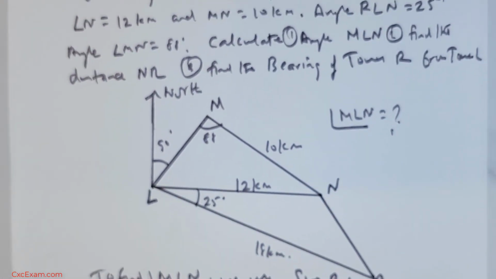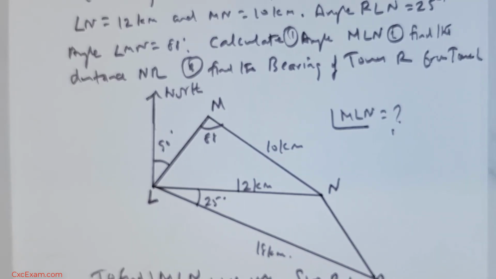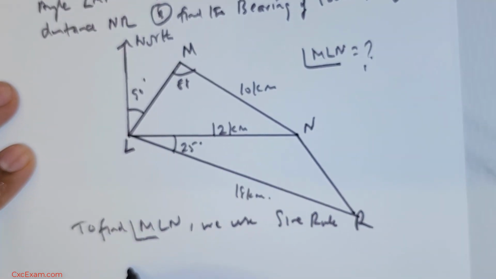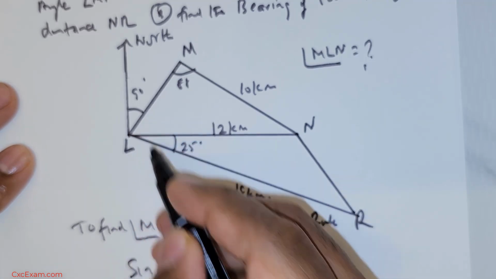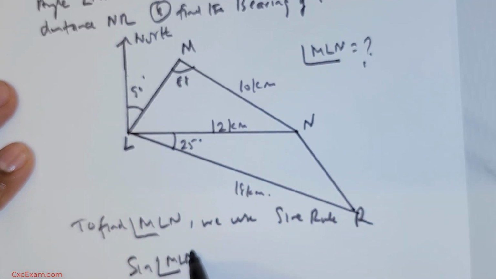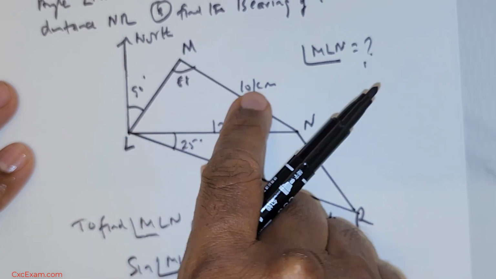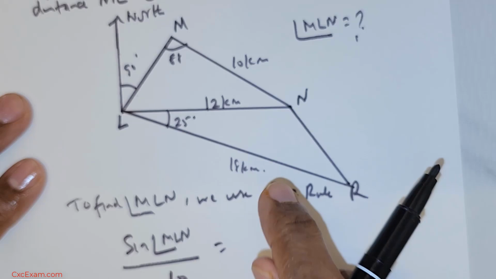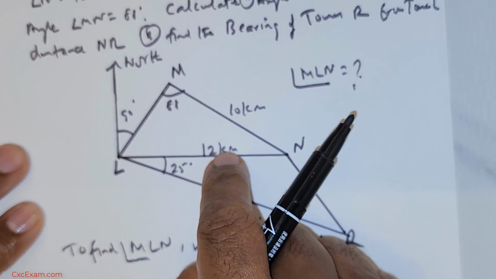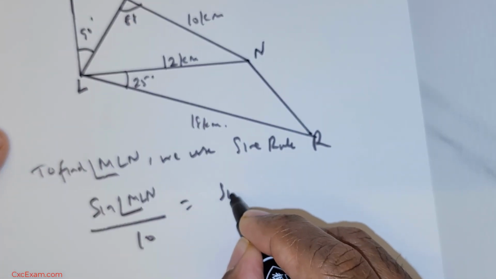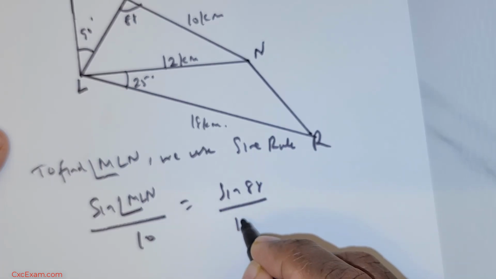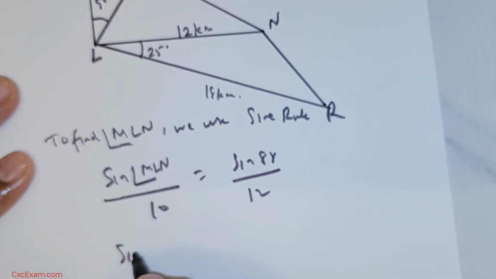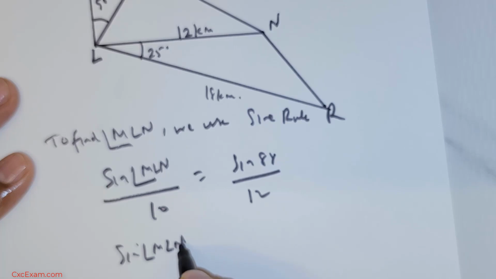You can go through this and see how you can handle this question. We take sine of angle MLN divided by the opposite side, that's 10 kilometers, is equal to the sine of this angle, sine 88 divided by 12.